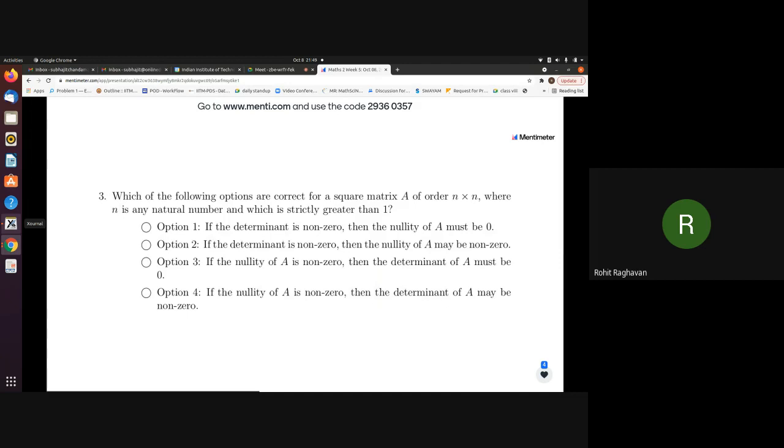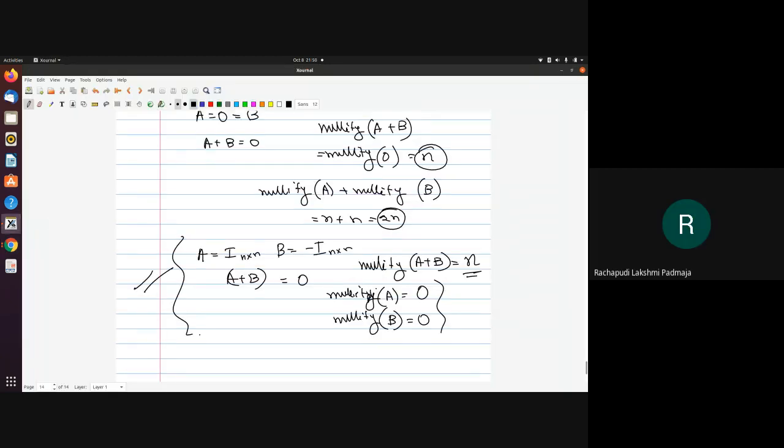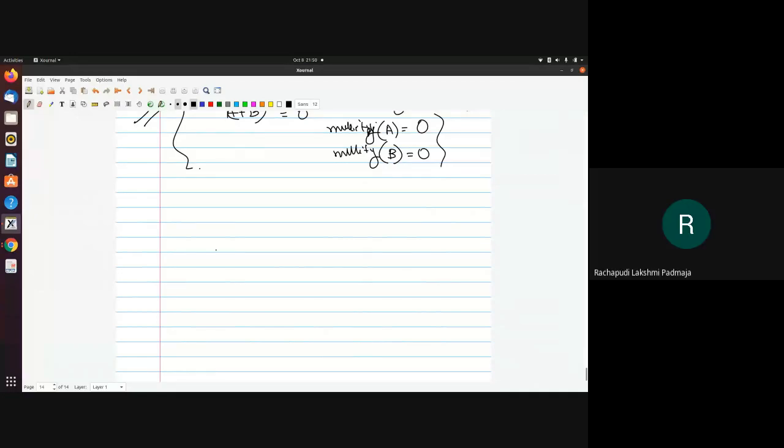Because nullity is defined only when one or more of the rows are 0 in the RREF. But nullity is defined always. So you want to say nullity is non-zero, right? When the determinant is non-zero, then the rank is n. Correct.